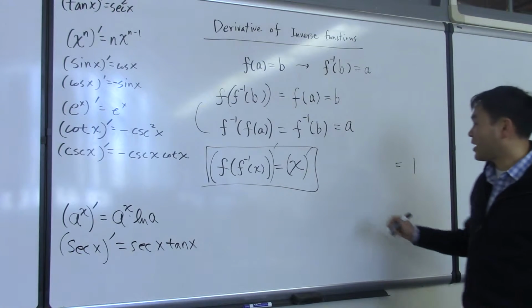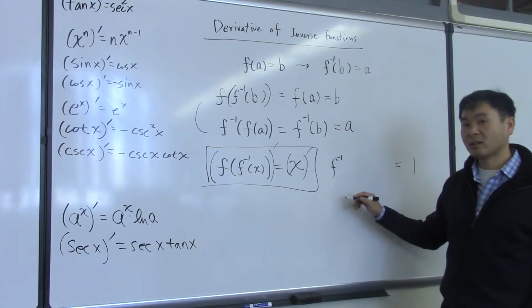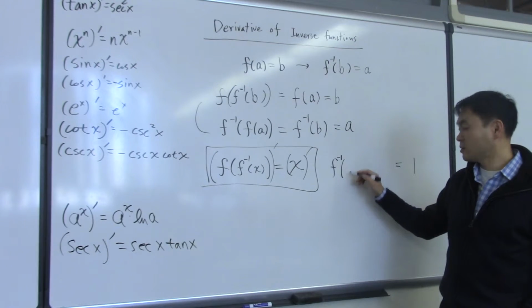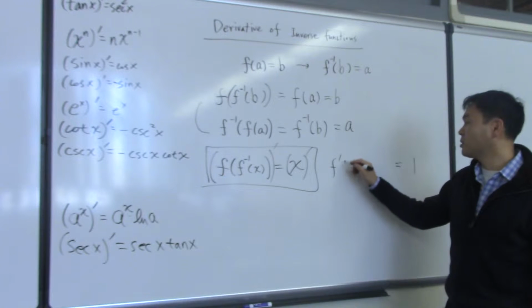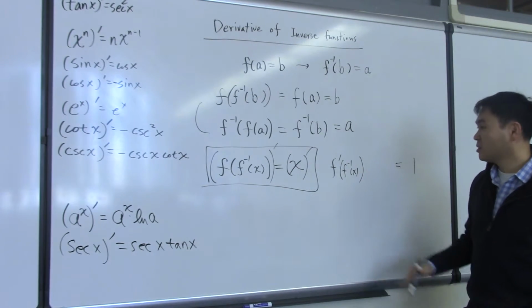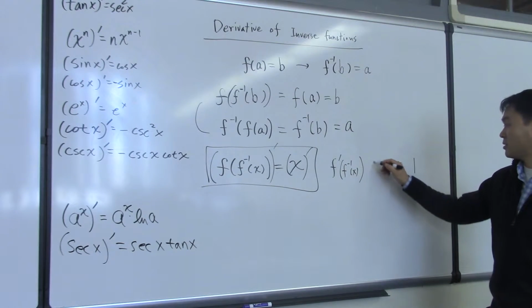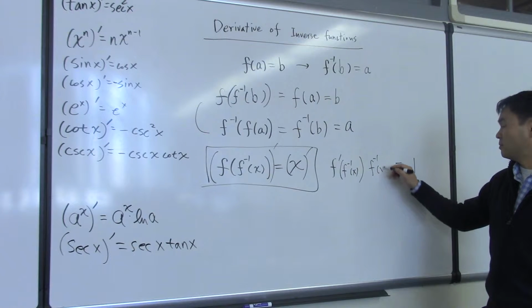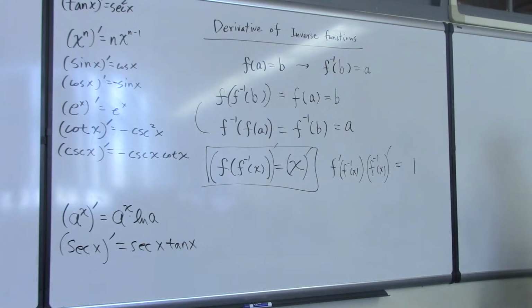What does the chain rule say? You have to differentiate the outside function, f prime of f inverse of x. The inside is untouched, but then the chain rule says this inside function has to be pulled out and be differentiated, right?